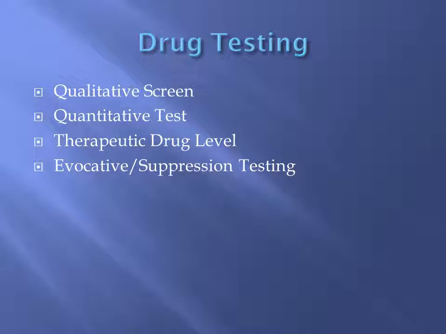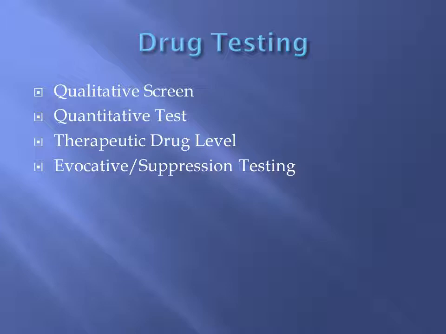Drug testing. There are several different types of testing that can be done to screen for drugs. We have the qualitative screen, which indicates whether or not a particular substance is present in a sample. A quantitative test determines how much of a substance is present in a sample.